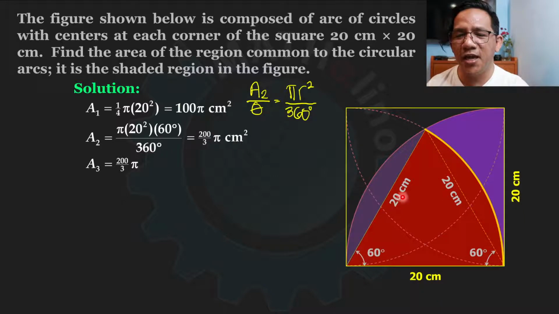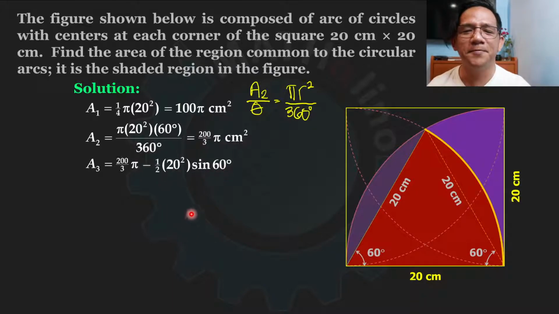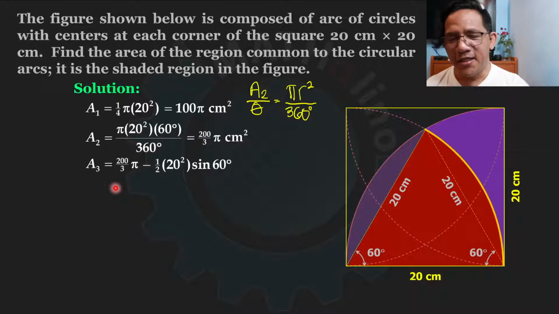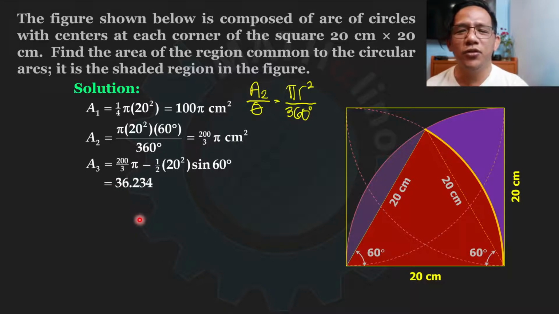What is the area of this triangle? 1/2 AB sine theta. 1/2 times 20 times 20 sine theta. So, theta is 60. Alright? That is our area 3, 36.234. So, what is this area? Let us call this area 4.